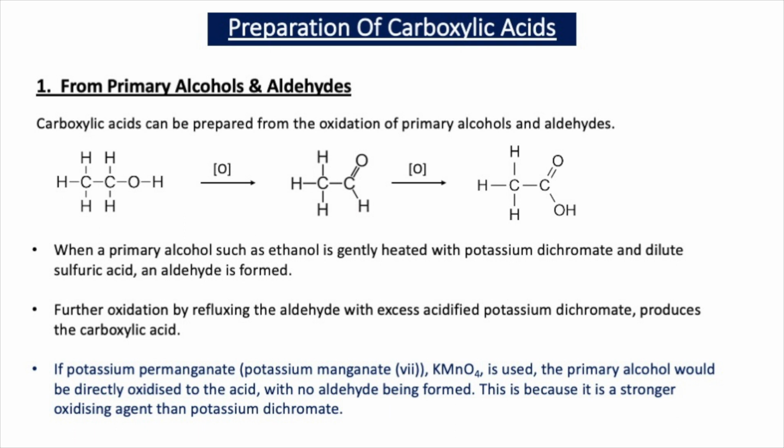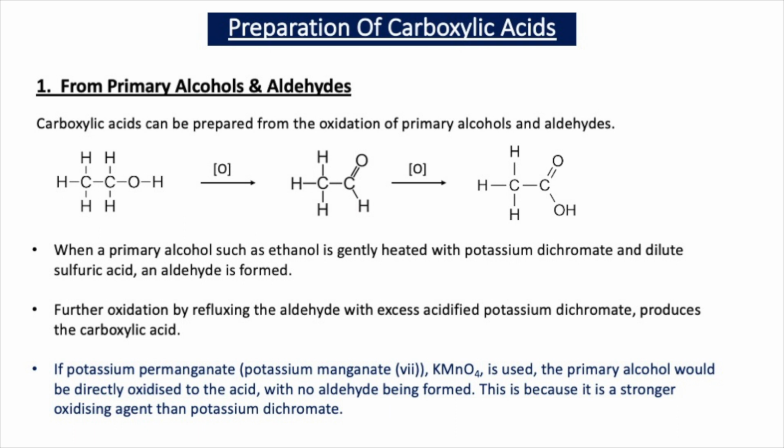And on this slide we have ethanol. Now ethanol is a primary alcohol because the carbon next to the OH group has 1 alkyl group attached. And when we partially oxidize it, we get the aldehyde ethanal. And when we fully oxidize it, we get the carboxylic acid ethanoic acid.